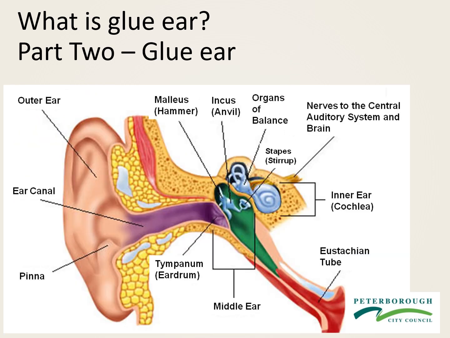Now we've seen how the hearing system works, let's have a look at how glue ear affects everything. Glue ear occurs when the middle ear fills up with fluid. This fluid builds up because the eustachian tube, that tube we talked about earlier that allows air to flow into the middle ear, becomes blocked or isn't working properly.